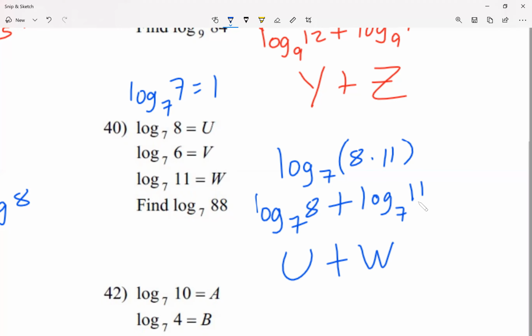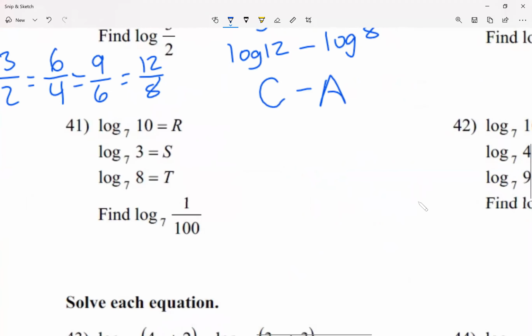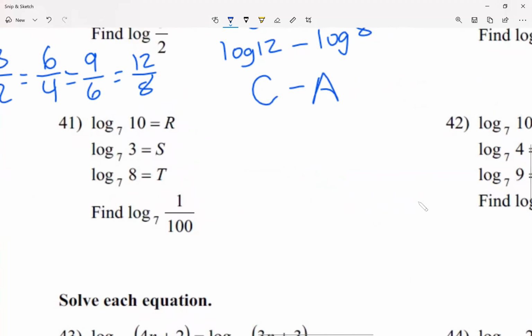Okay, so two more examples here. Remember, we always have the special case log base 7 of 7. Let me write this as log base 7 of 7. We know it's equal to 1, just in case I need it.